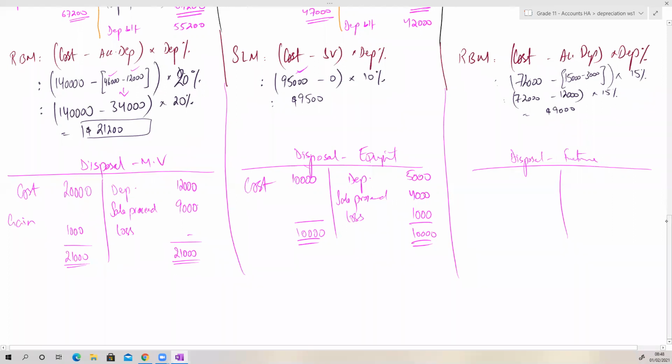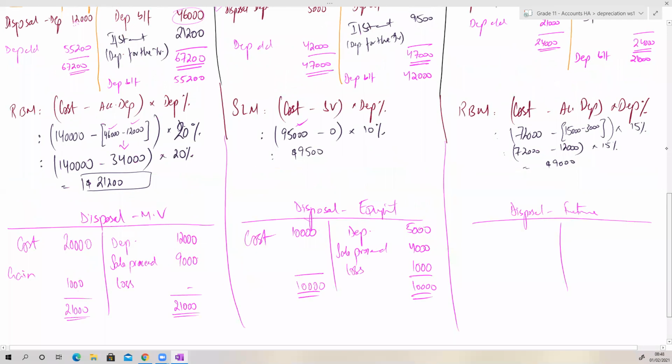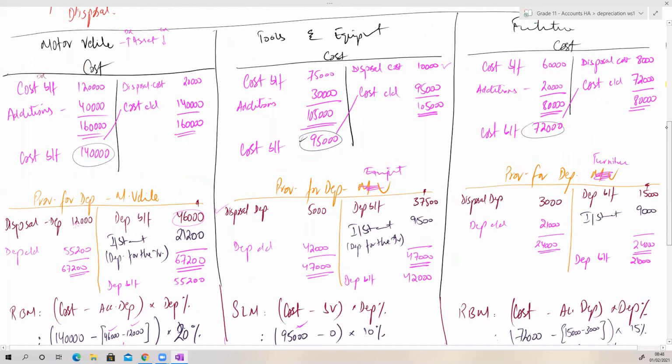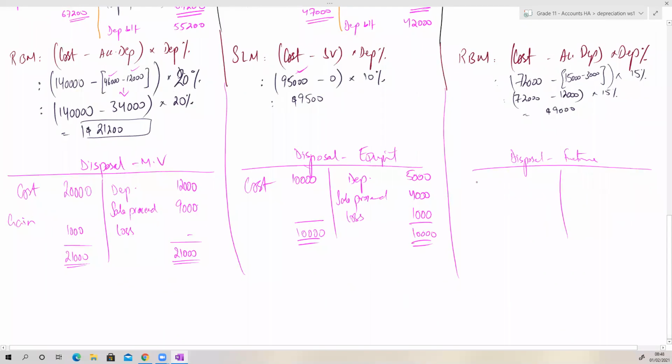ठीक है जनाब. Furniture में disposal cost was 8. Disposal depreciation was 3. Sale proceed was 7,000.